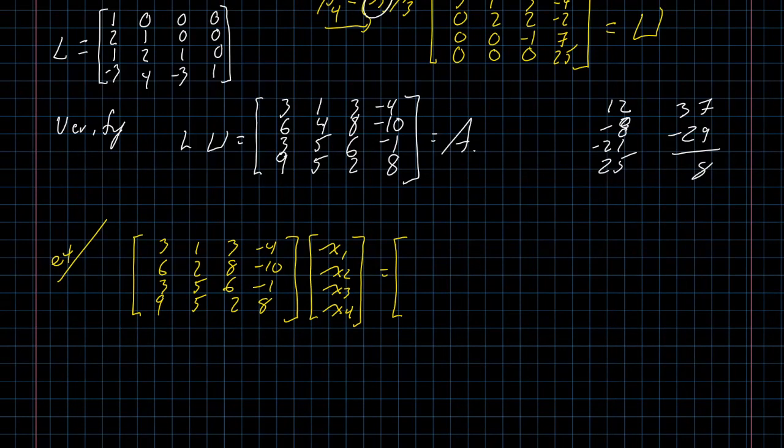And on the right-hand side, some column vector that we are looking at. So in this case, just 3, 1, 2, 4, something relatively easy to work with.